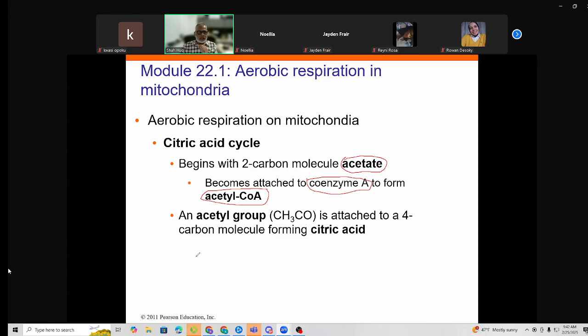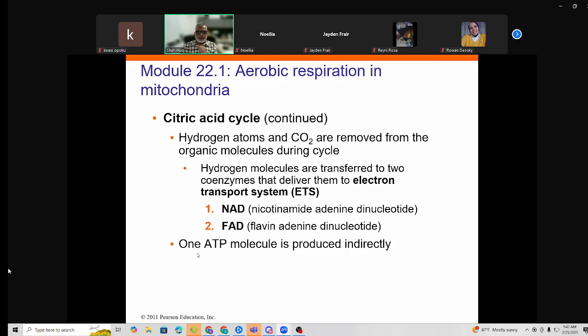So let us see how the citric acid cycle looks. It is a summary of this.